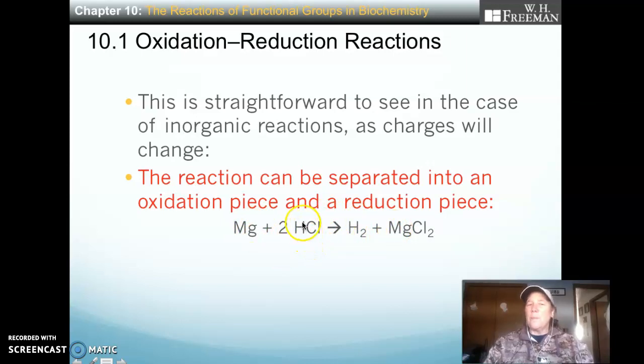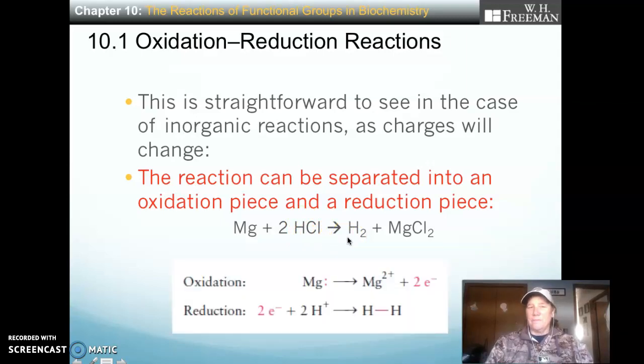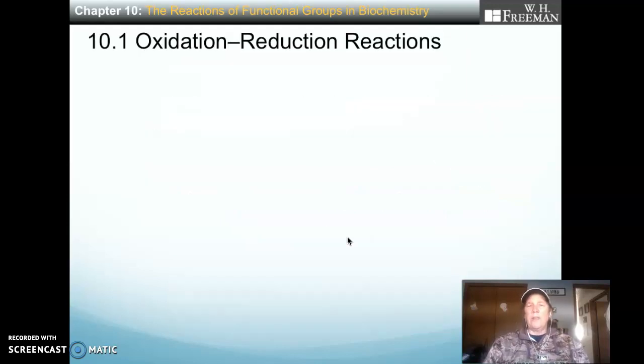Hydrogen goes from +1 to 0, it's reduced. Okay, so it's really easy in an inorganic reaction to see these. And if you've taken 121 or 122, we talk about these, okay? But we're not going to spend a lot of time with them. The thing to remember in an inorganic reaction, it's really easy to tell. It's just a change in charge, okay?